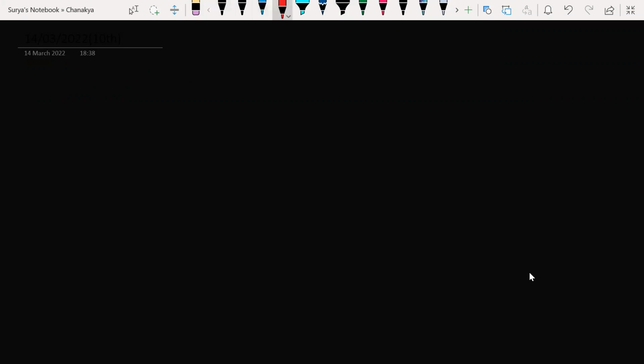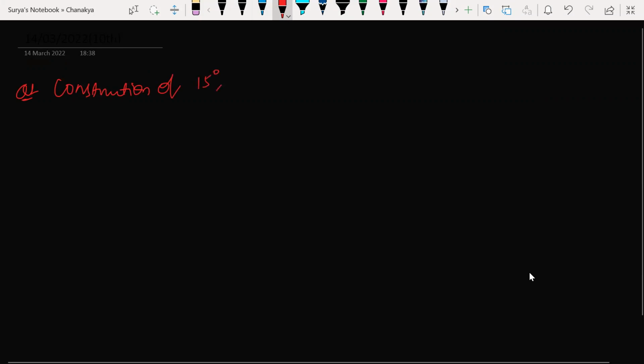First, look at this here. The question is basically construction of 15 degrees, 30 degrees, 45 degrees, 60 degrees, 75 degrees, 90 degrees.